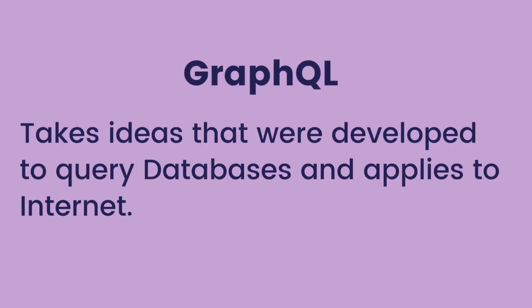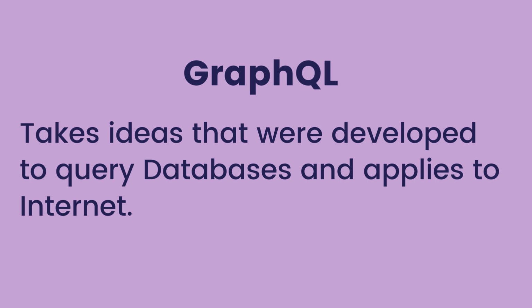Now, those two were the key problems which GraphQL solves. It takes the ideas that were developed to query databases and applies them to the internet. With GraphQL, you have the option to select what data you want, and also you can get related data in a single response.